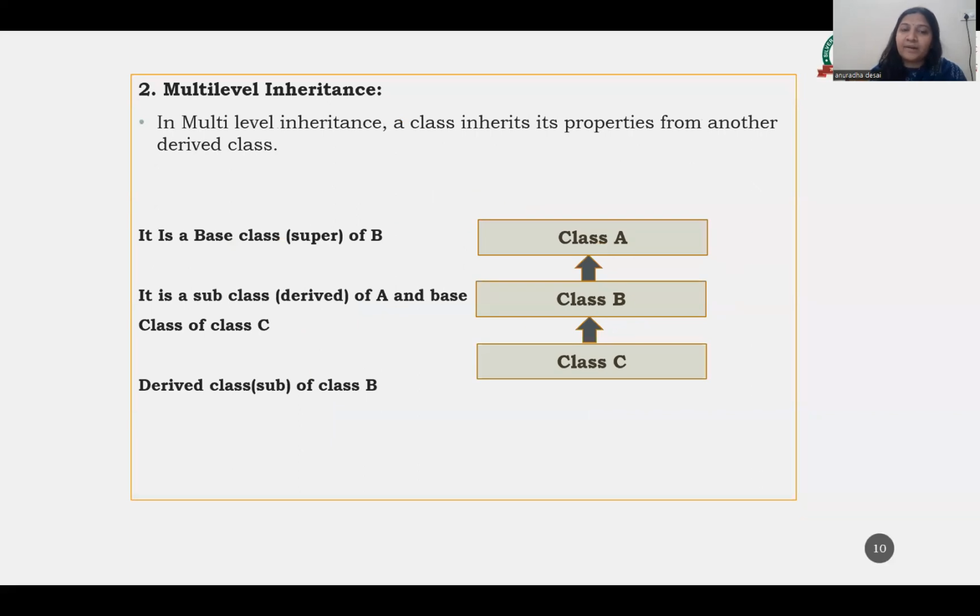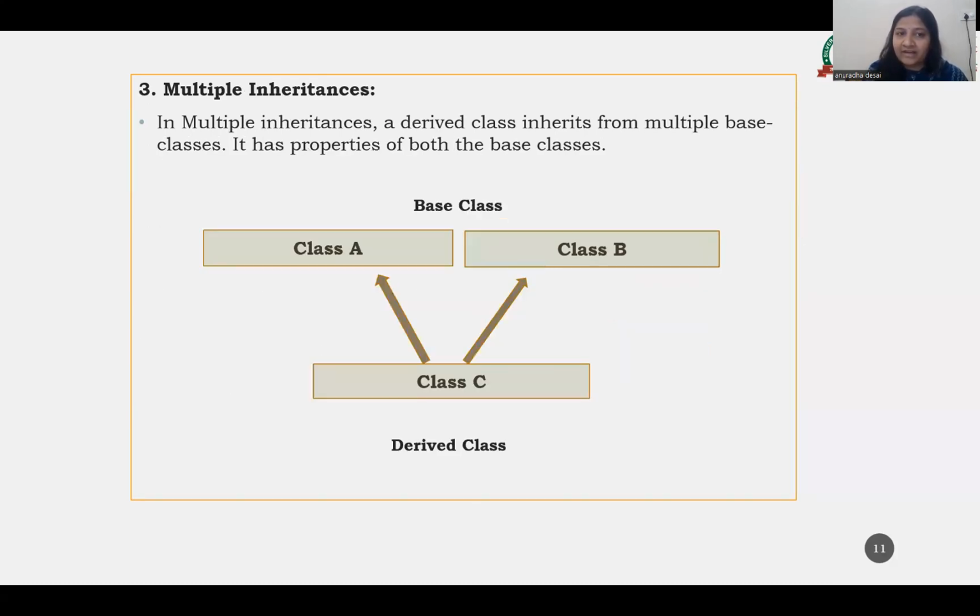Another example, multi-level inheritance, where you have a class that inherits the properties from another derived class, and that also inherits the properties from another class. So here B is a subclass derived from A, but a superclass of C, a base class of class C, and a derived class of class A. This is how multi-level inheritance works.